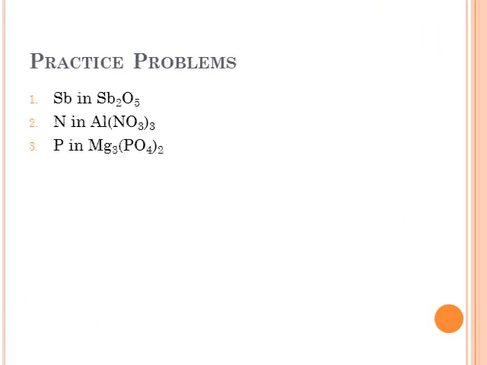All right, so just a couple of practice problems here. For the first one, again, we're looking at how to figure out the oxidation number for antimony, and we see it in a compound here with oxygen. So pretty straightforward. We know that oxygen, there are 5 of them. We know that each one has an oxidation number of -2 for a total of -10.